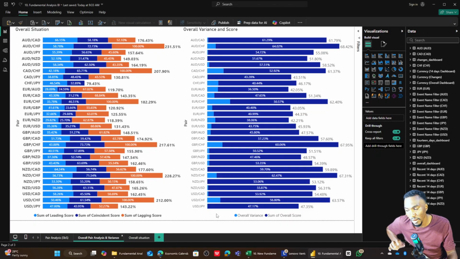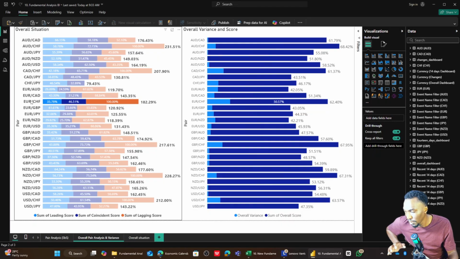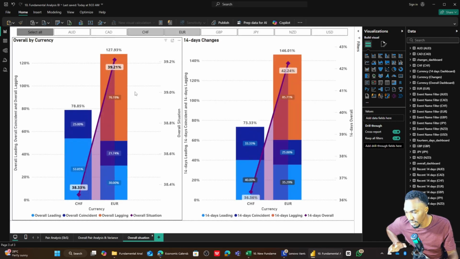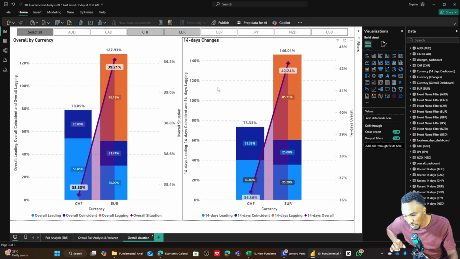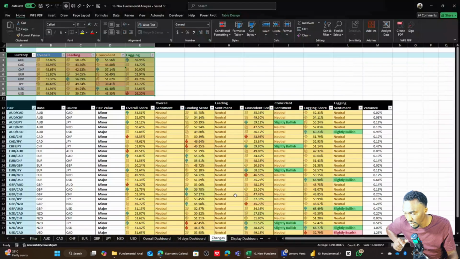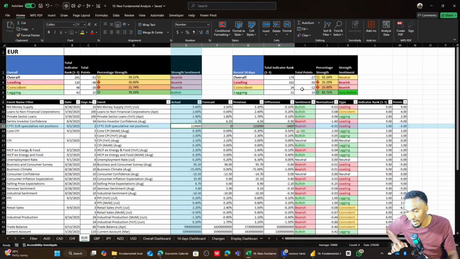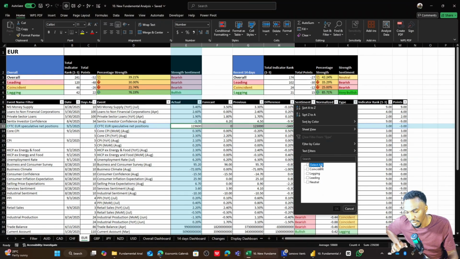However, if I want to do a proper deep dive, for example, the Euro Swiss franc, I cannot just do a deep dive from here. I can also go down to my book and go to the euro, knowing fully well that the issue I'm having here is the lagging situation.